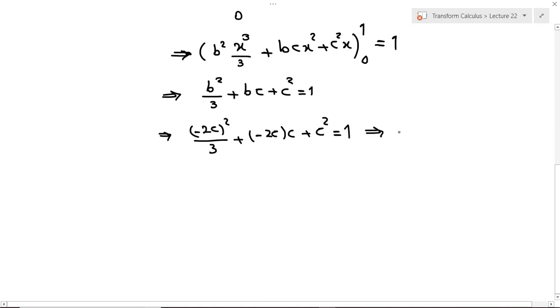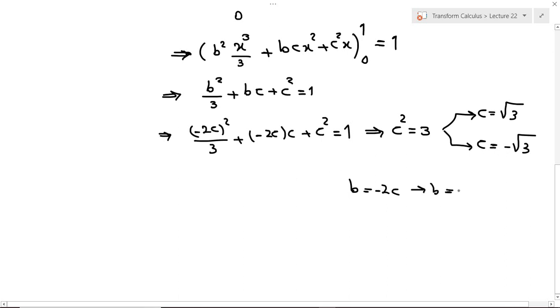So it means that c squared should be equal to 3. And as a result, c can be root 3 and minus root 3. So we said b is equal to minus 2c. As a result, b can be equal to minus 2 root 3 and plus 2 root 3. So we found two values for a.